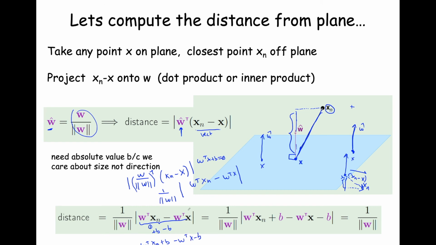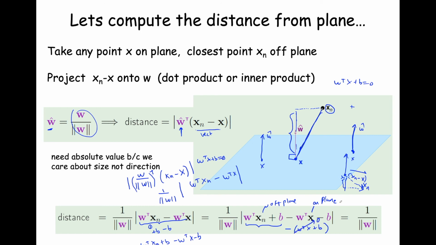Now we notice that we have two terms here. We have W transpose Xn plus b, and then this term, which is the same as minus of W transpose X plus b. Remember, Xn was off the plane, and X is on the plane. That's important to remember. As an on-plane point, it satisfies W transpose X plus b equals 0. So this term goes to 0.